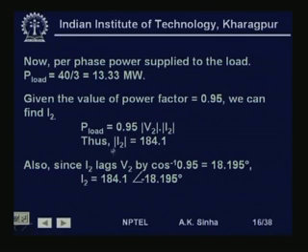We also know that the phase angle between V2 and I2 is given by cos inverse 0.95, which is the power factor angle. Since I2 lags V2 by cos inverse 0.95, which is 18.195 degrees, we can write the phasor I2 as 184.1 with an angle of minus 18.195, because I2 is going to lag the voltage V2, as the power factor is 0.95 lagging.